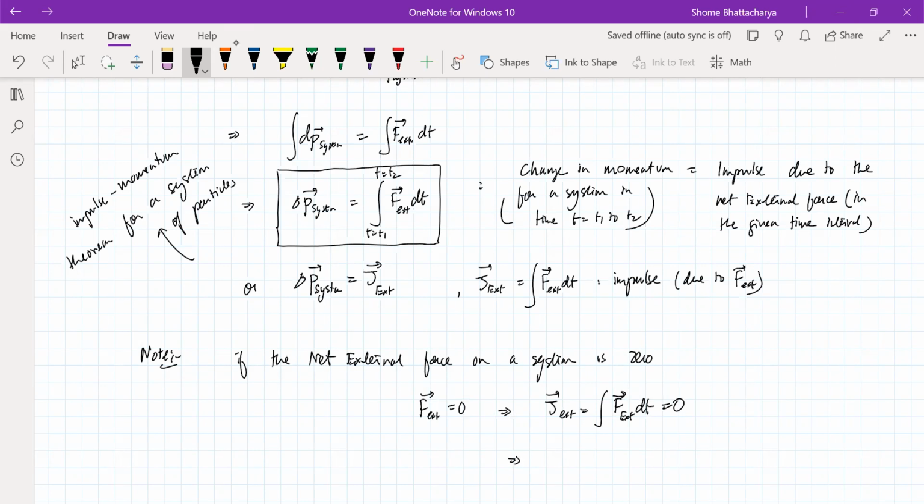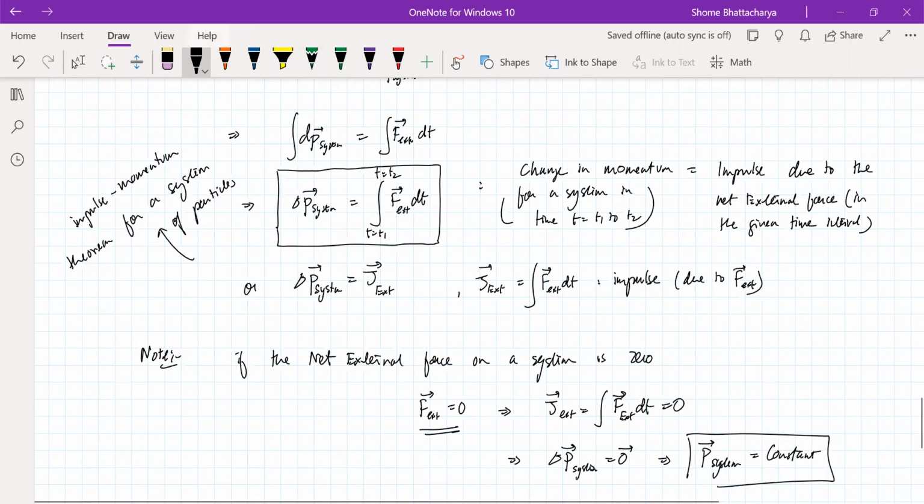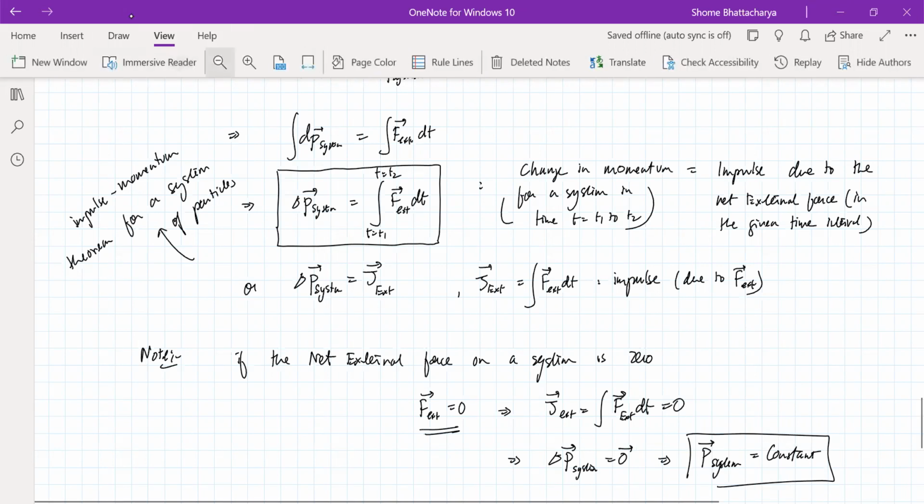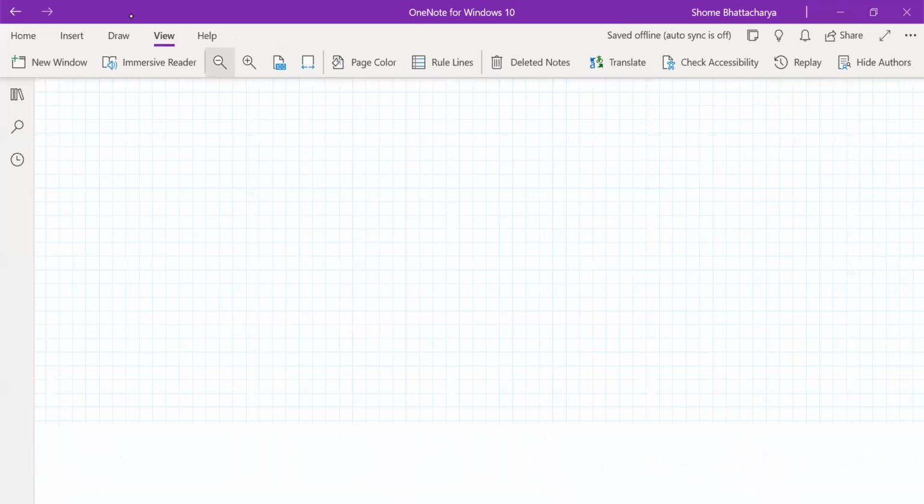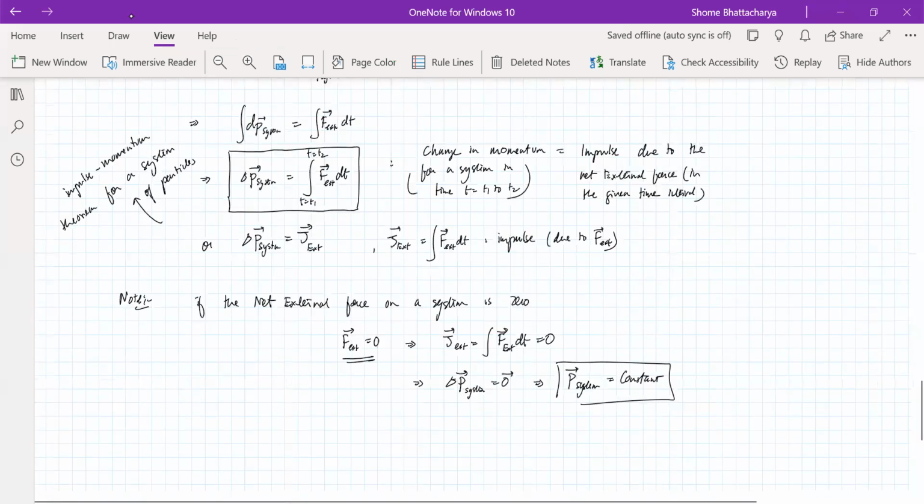That means the change in momentum of such a system will be zero, so the momentum of the system is constant. So if the net external force is zero, the momentum of the system should be constant or conserved. That means the velocity of the center of mass is uniform.